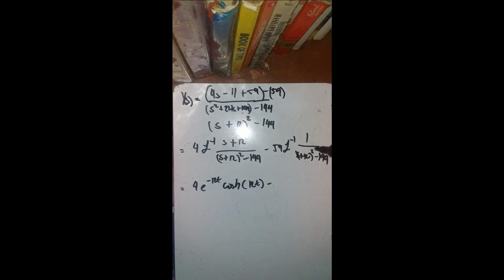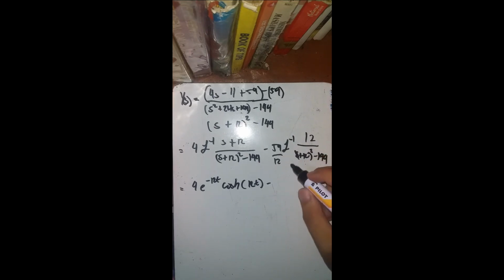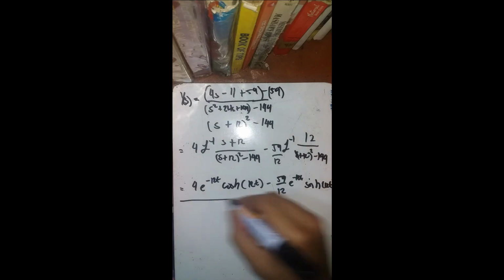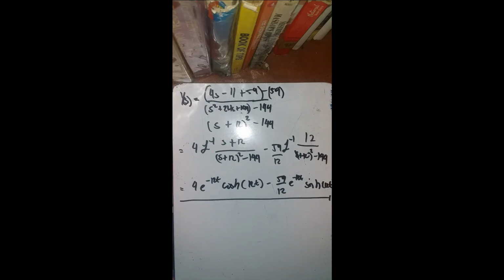And here, since the b at the top is not the same as the b here, your b here is actually equal to 12. So we multiply here by 12 and divide here by 12. And what's left here is 59 over 12, with the shifting e raised to negative 12t, sine hyperbolic of 12t. This will be your final answer for your letter D.